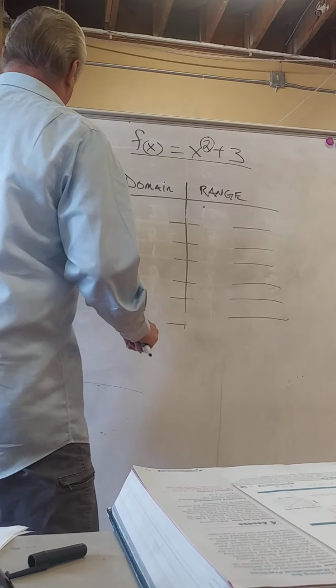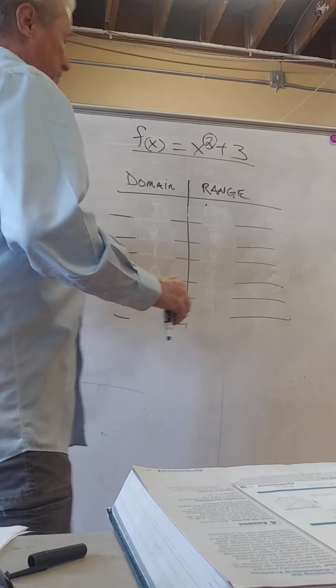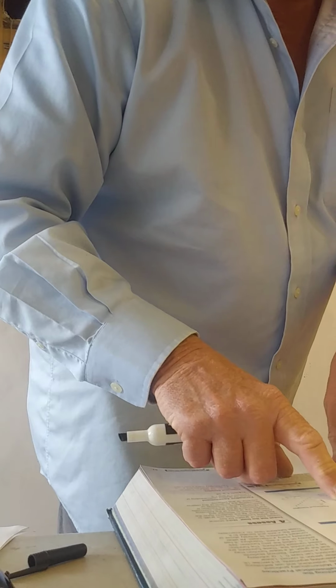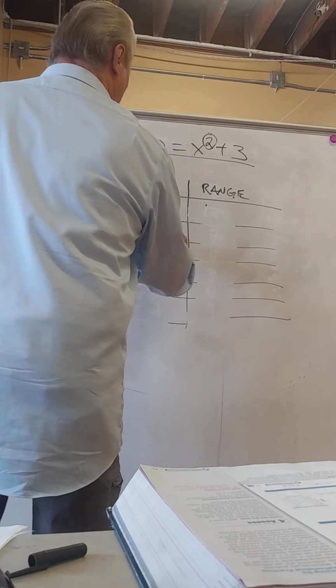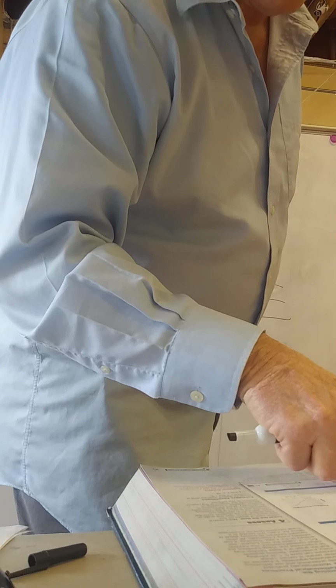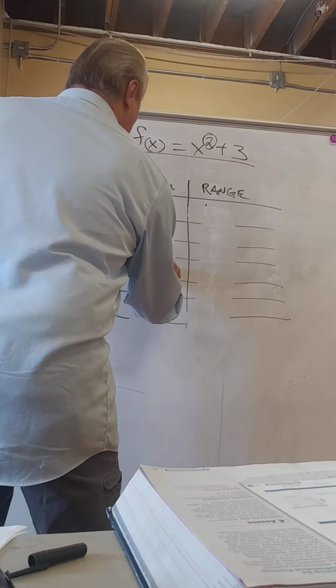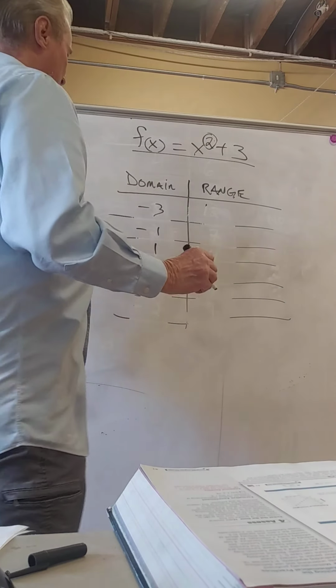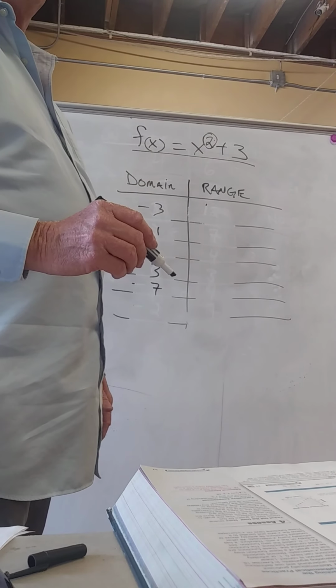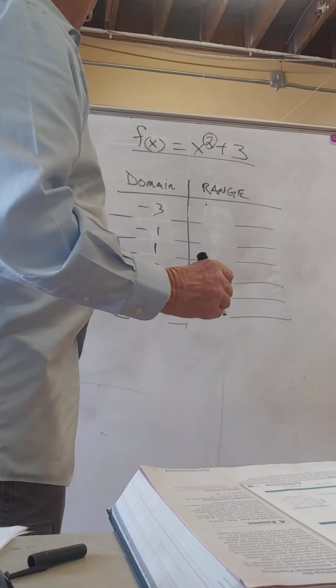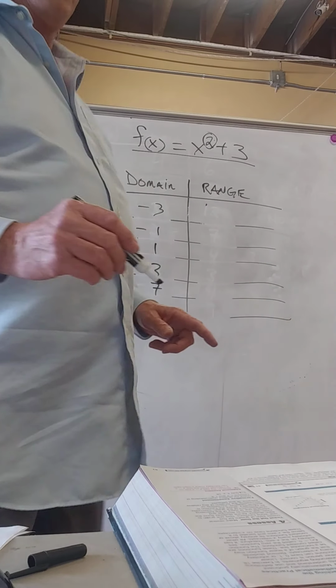For 27, the domain is -3, -1, 1, 3, and 7. All right? Are there any duplicates there? -3 and 3.